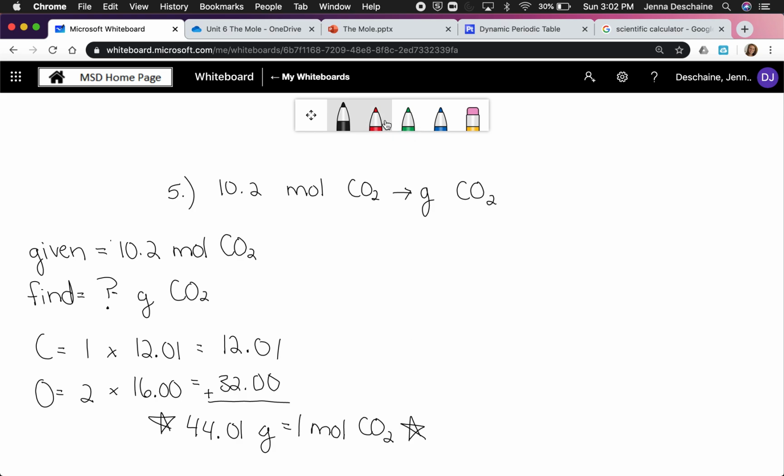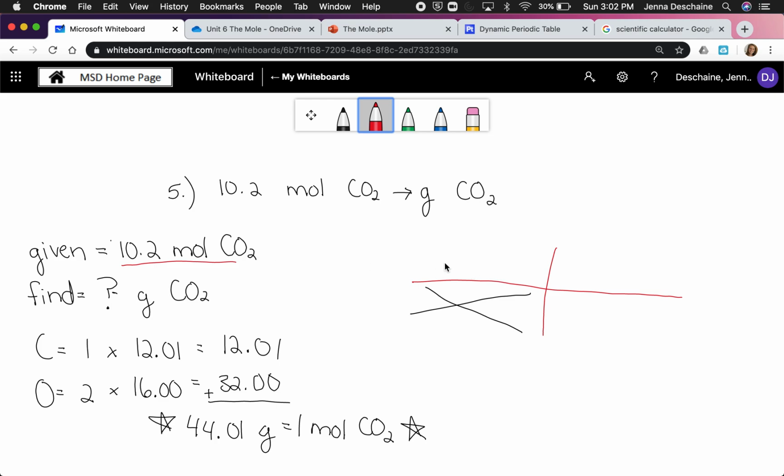So I'm going to set up my nifty little table right here. The given value is going to go in the top left. So that's 10.2 moles of carbon dioxide. Whatever unit I'm converting to is going to go on the top.